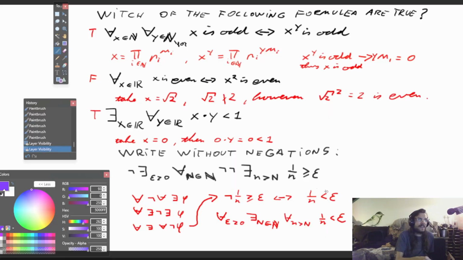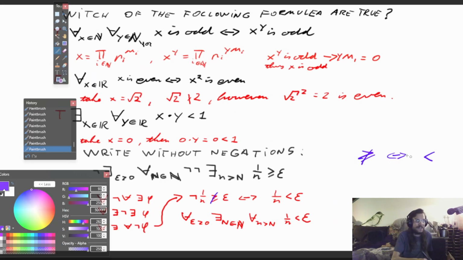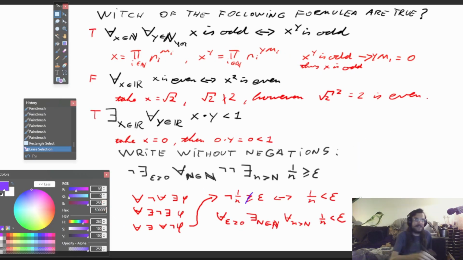You could have also maybe written a stripe through this if you wanted, but not larger than or equal to is the exact same relation as smaller than. You're not allowed to use the if and only if like this, by the way. It doesn't take in relations as arguments, but you get it. And so then you end up with this sentence.